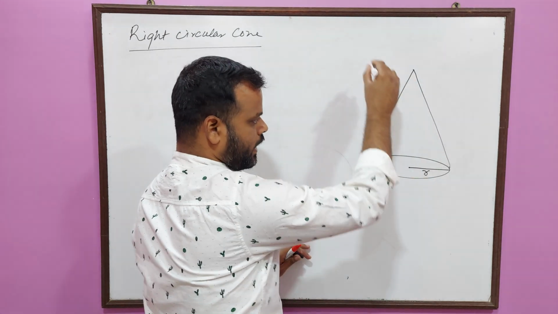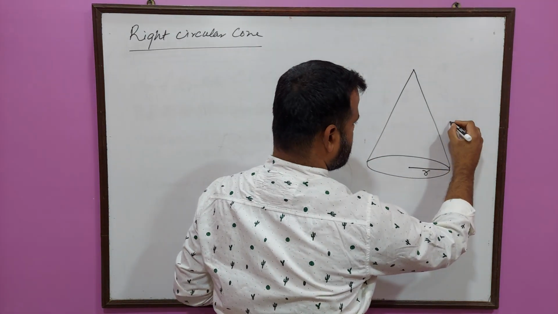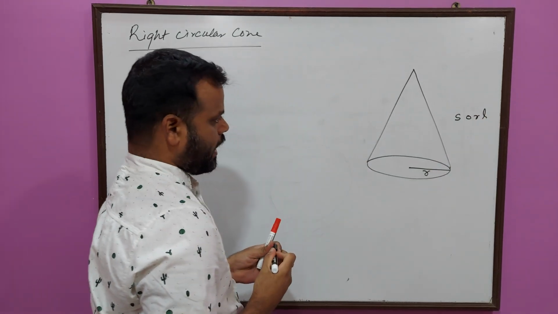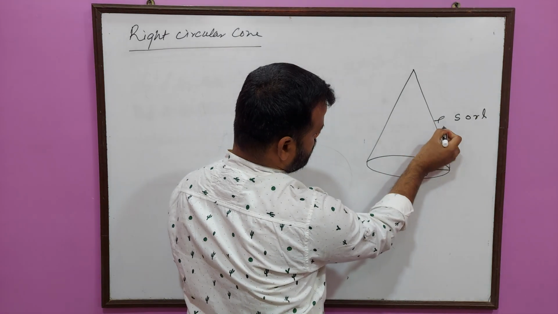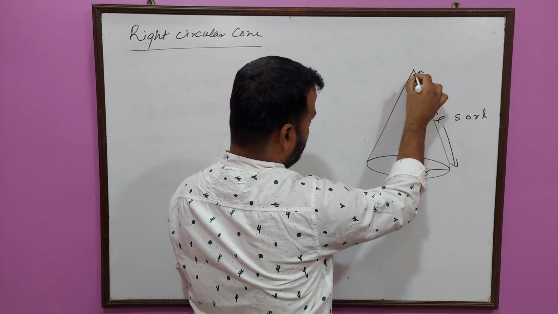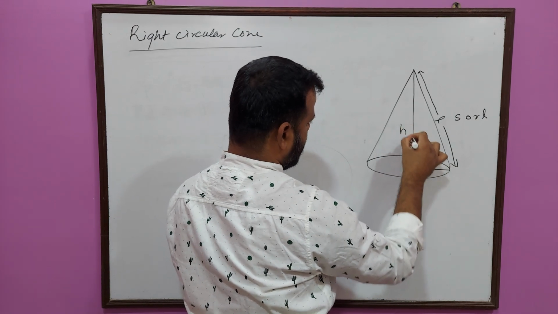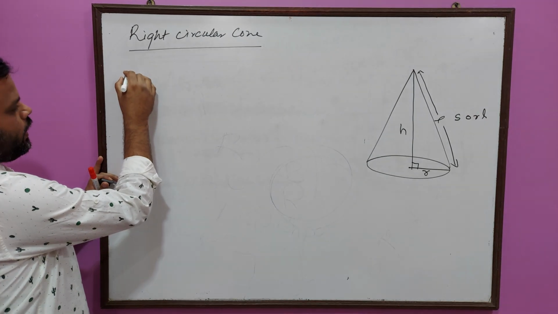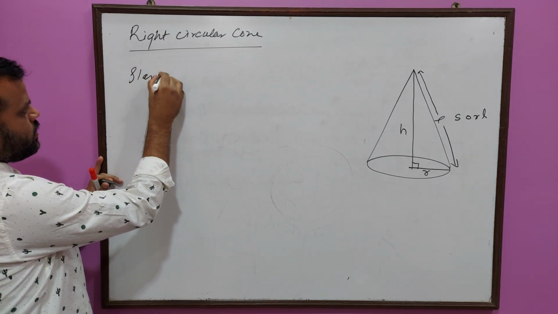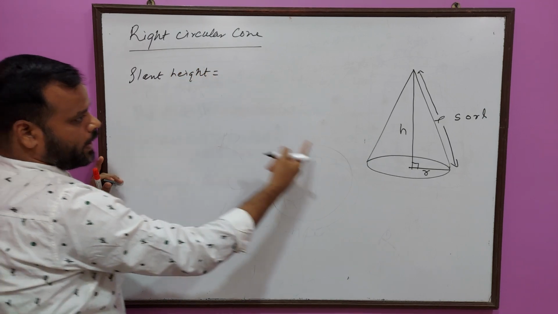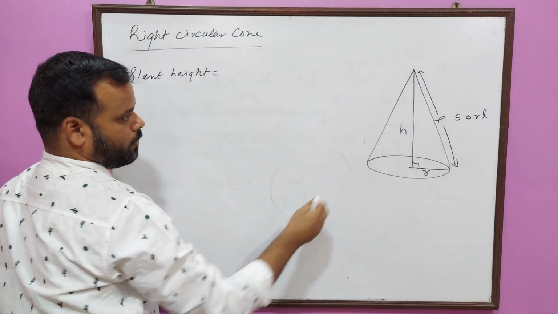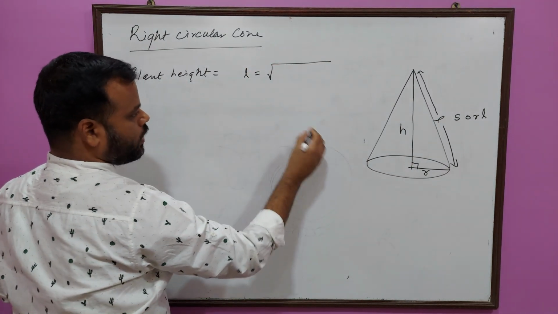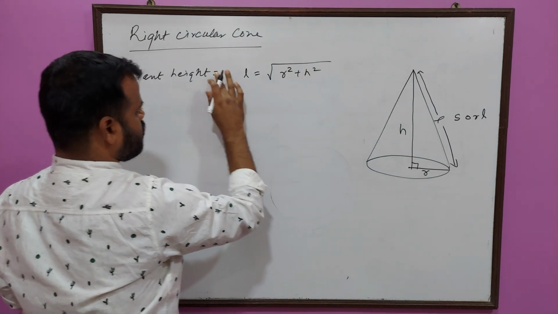This slanting line is known as slant height S or L, and its height is referred as H, and it makes 90 degrees with the radius. The slant height can be calculated by the Pythagoras theorem. L is the hypotenuse, so L will be equal to under root r square plus h square.